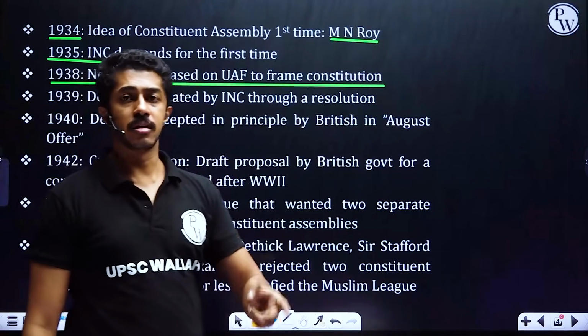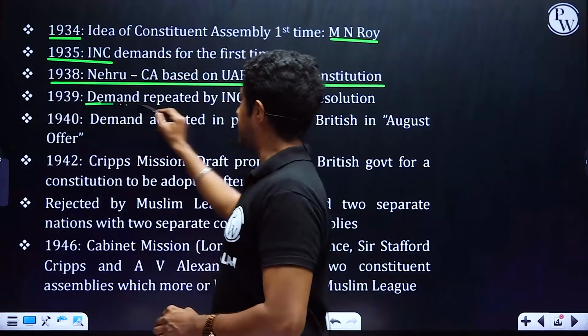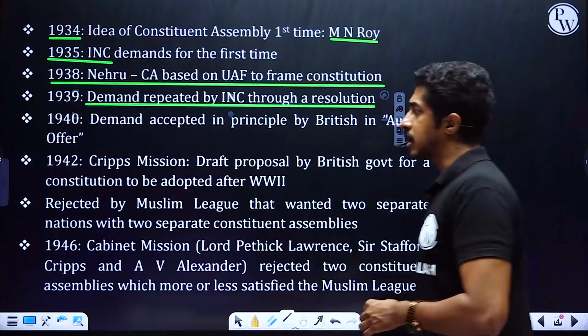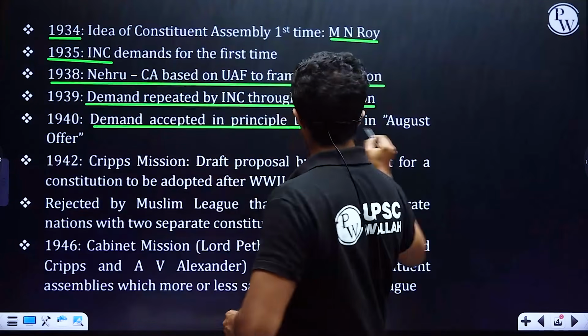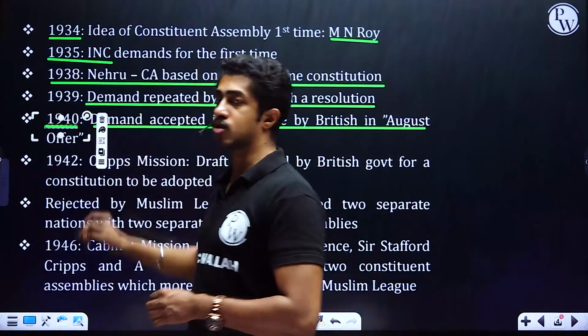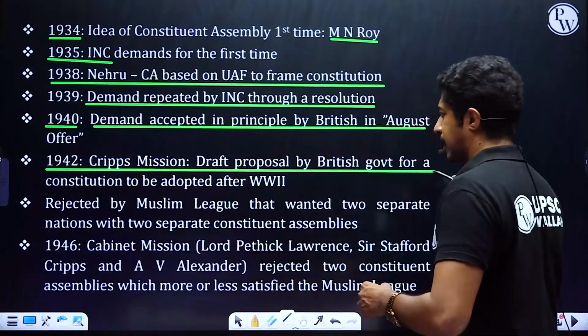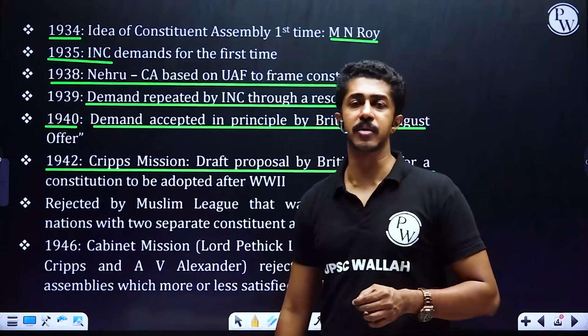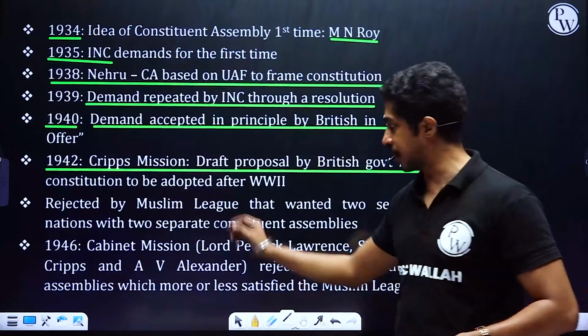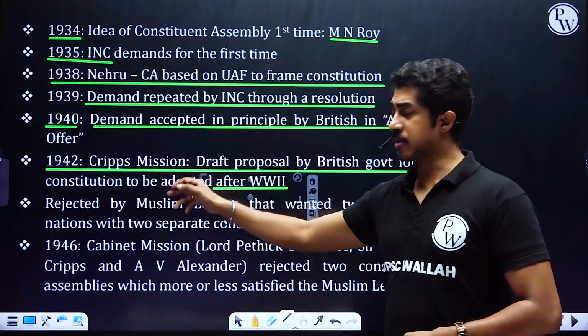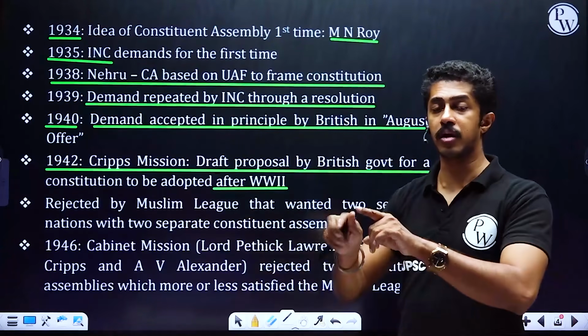Very next year, 1939, the demand was repeated by INC through a resolution. 1940, the demand was accepted in principle by the British in their August Offer. 1942, the Cripps Mission agreed through a draft proposal by the British government that a constitution will be framed after World War II. However, this was rejected by the Muslim League as they wanted what?